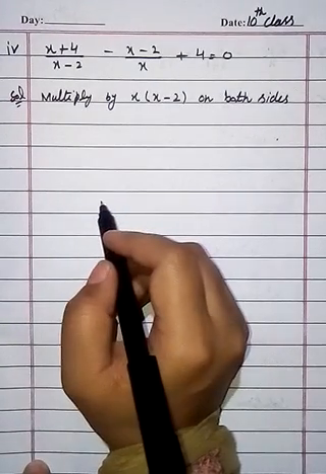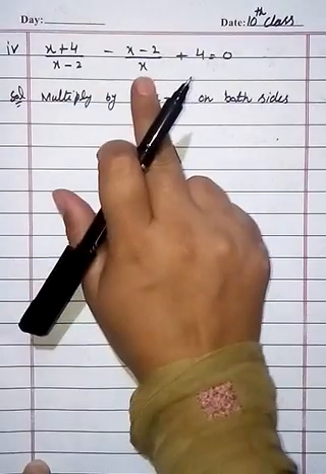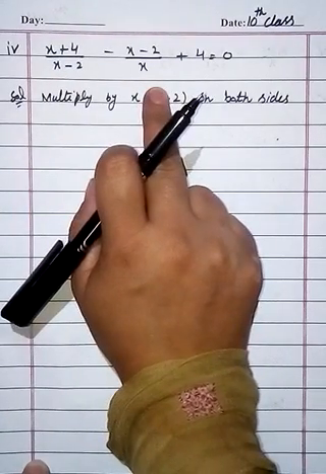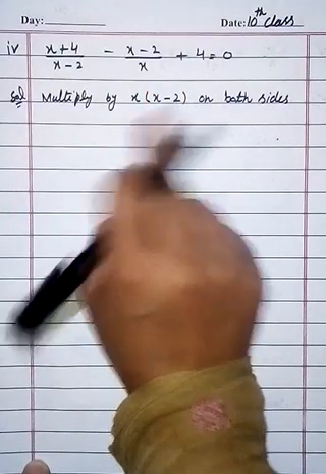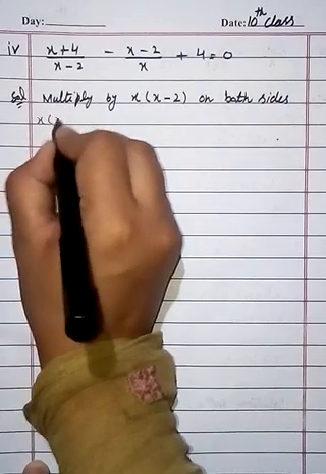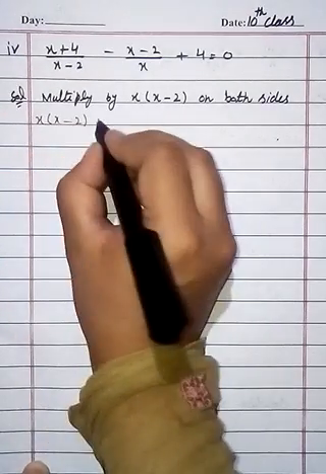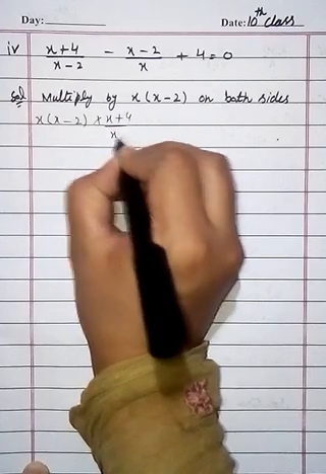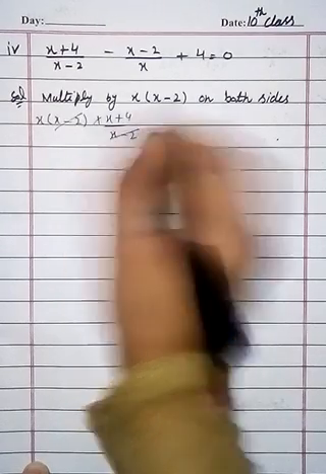So first of all, you have to remove the fraction. Its denominators are x and x minus 2. So you have to take the LCM of the denominators, x into x minus 2. So multiply by x into x minus 2 on both sides. Each term is multiplied by x into x minus 2, including x plus 4 by x minus 2. So the same terms will be cancelled.